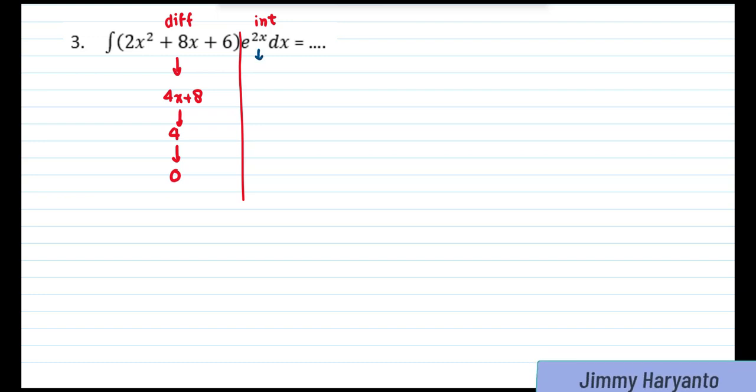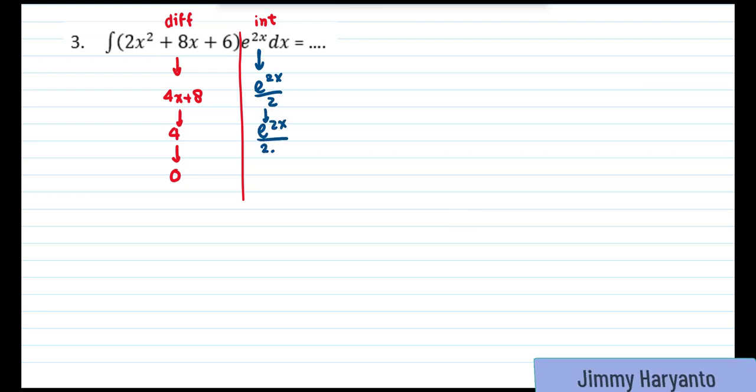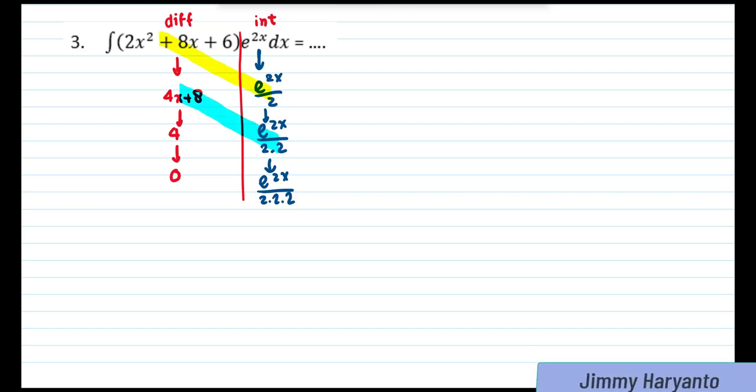Okay, how about this one? For this one, we will have e to the power of 2x over 2, and then e to the power of 2x over 2 times 2, and then the last one will be e to the power of 2x over 2 times 2 times 2. Okay, and then we only have to multiply them like this.